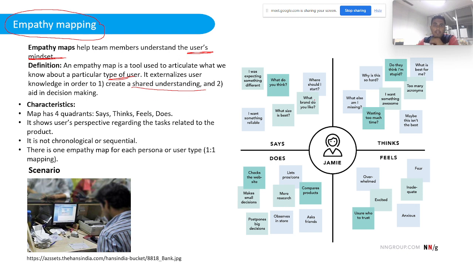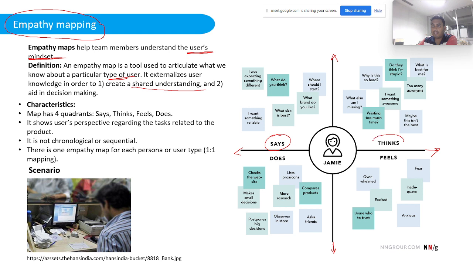In empathy mapping, we create a two-dimensional map like this, which has four quadrants, and we segregate the information that we collected into these four. We collect information about what the user says about a particular scenario.